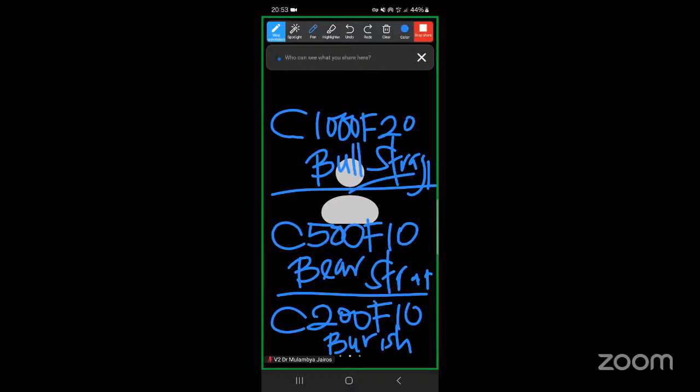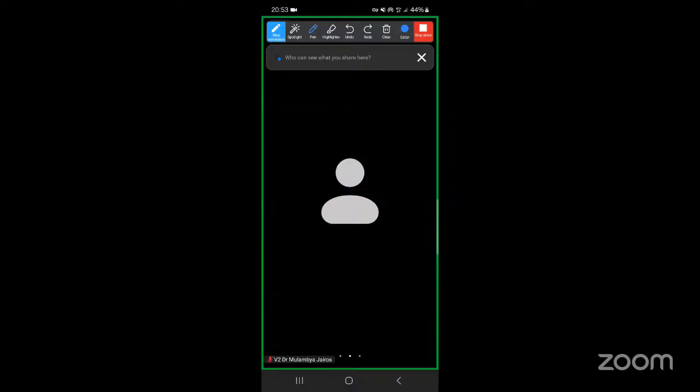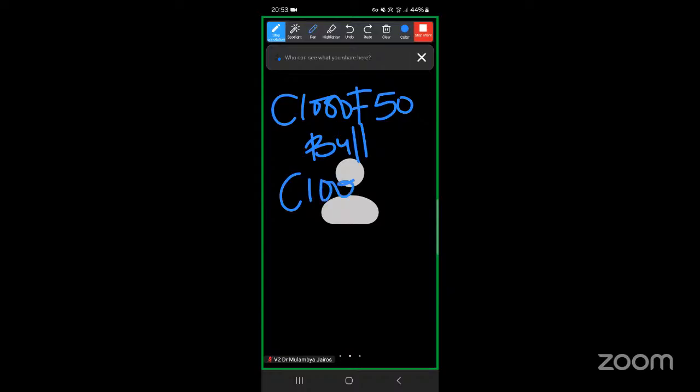You can have C 1,000, F $50, bull market. C 1,000, F $10. Altogether.